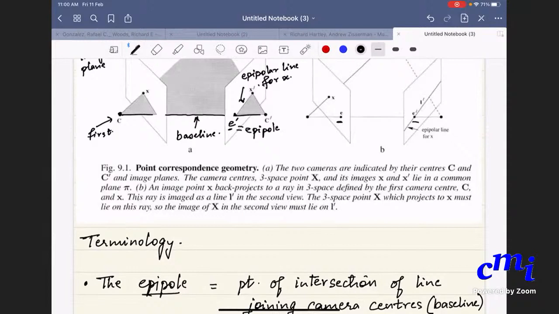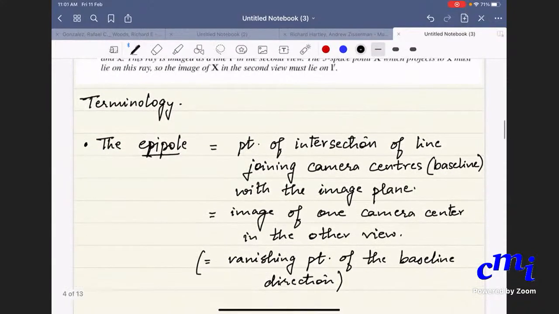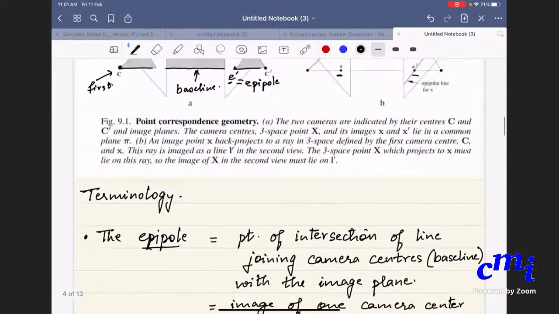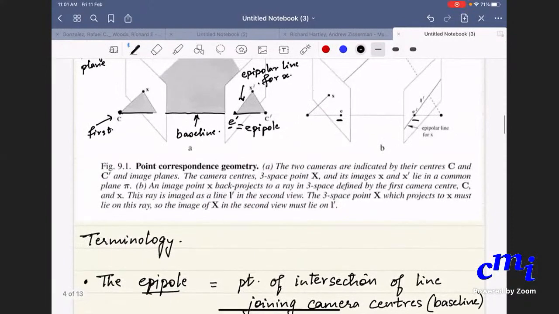Okay, so you can also say that the epipole is the point where the baseline intersects the image plane. That is how you can define the epipole. You can also define the epipole as the projection of one camera center through the other.